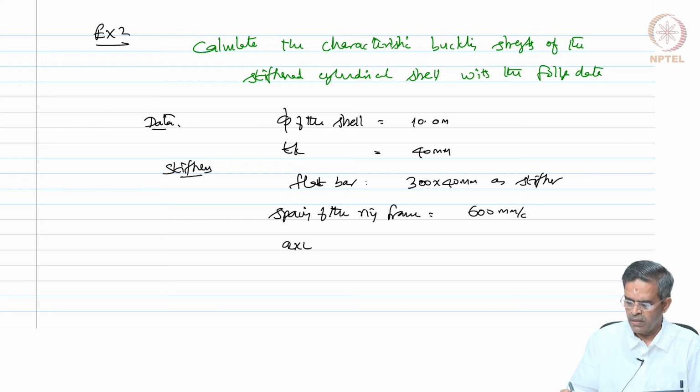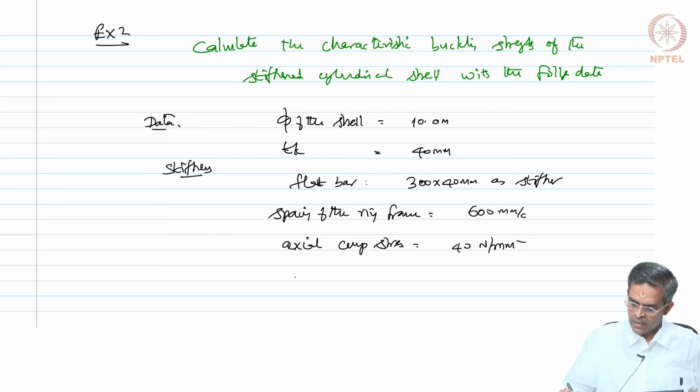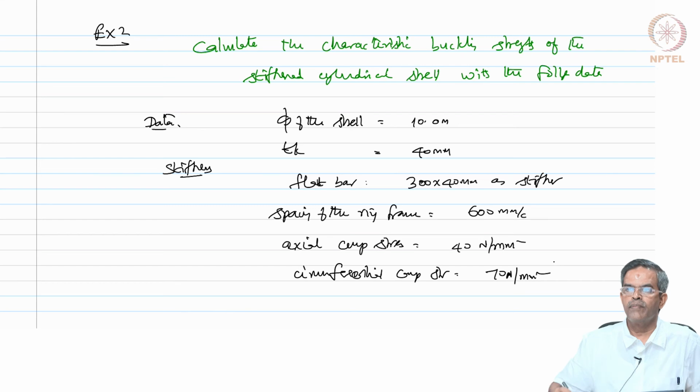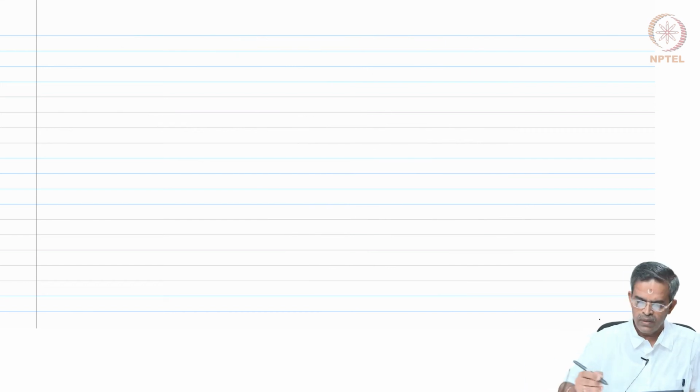Let us say the axial compressive stress is 40 megapascal and circumferential compressive stress is 70 megapascal, and yield strength of the material is 433. Okay. Let us solve this problem.